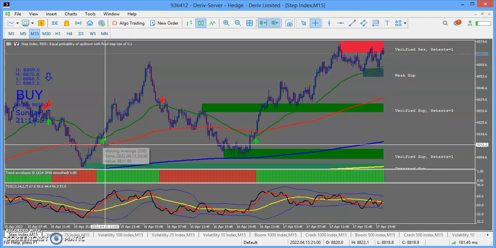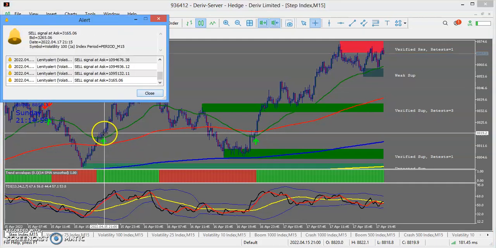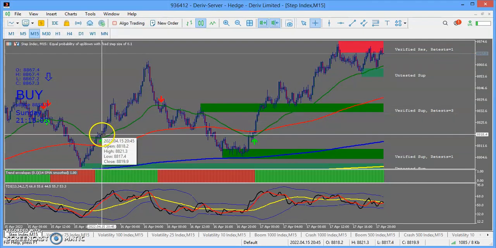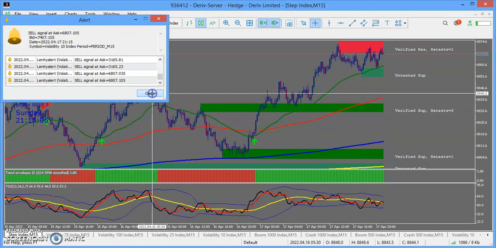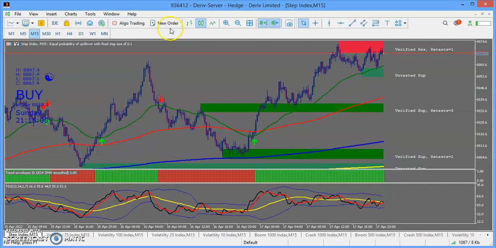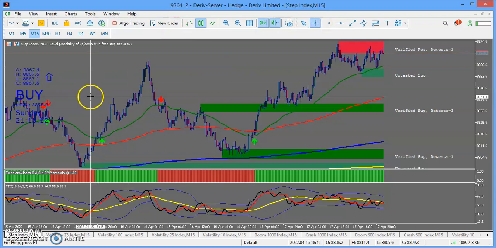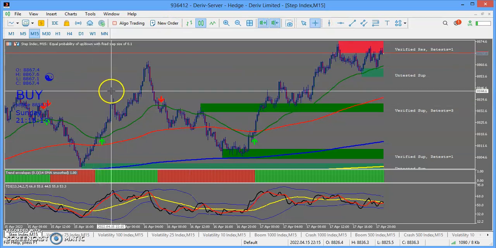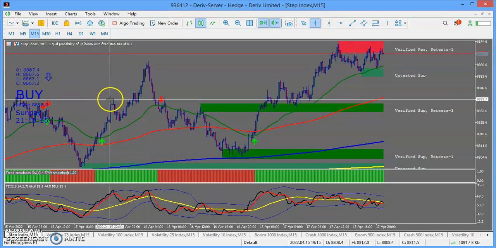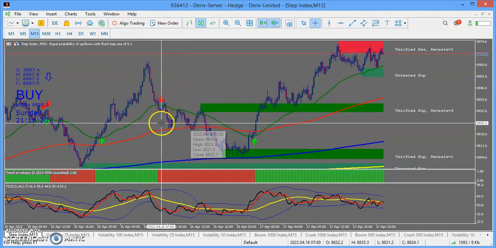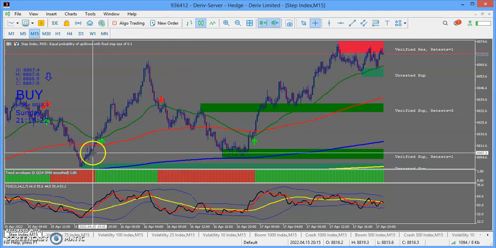Once it closes, you can enter a trade here and take your profit. Your take profit should be the next resistance line, which is here, or as much as you can hold. Like you see, it went above and went up to this place before coming down again. So this is how we use the signals for a buy signal.